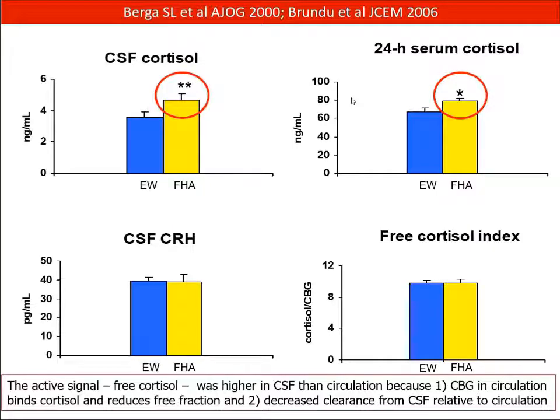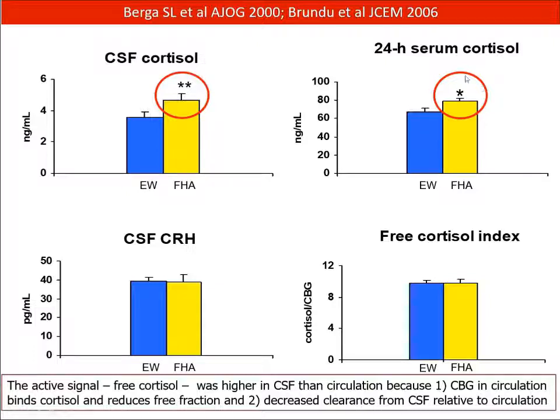So how this looks in women who have hypothalamic amenorrhea that's functional, i.e. not due to some organic cause, is shown here in terms of cortisol in the circulation and cortisol in the CSF. We did this particular study because we wanted to make sure we understood that the brain was actually getting the cortisol signal that we saw in the circulation.